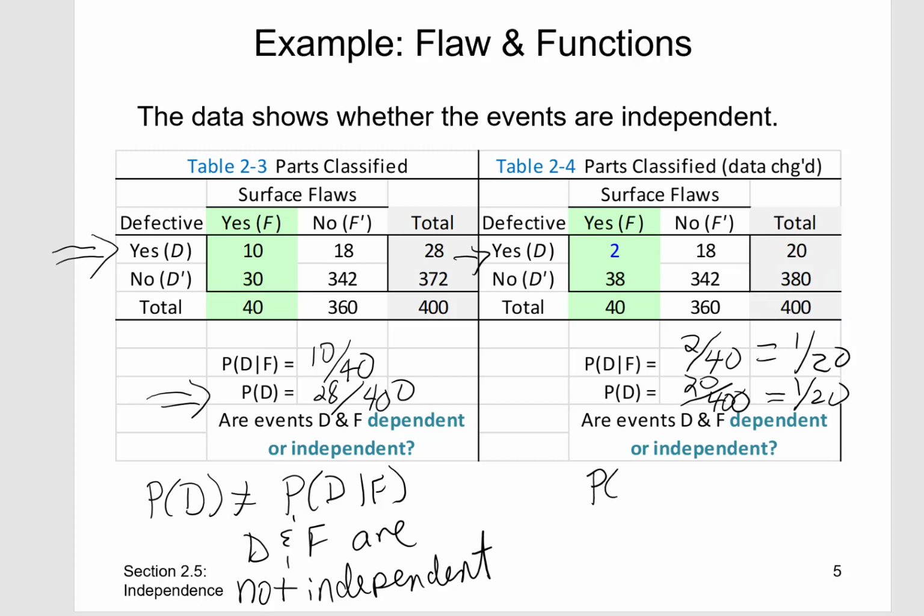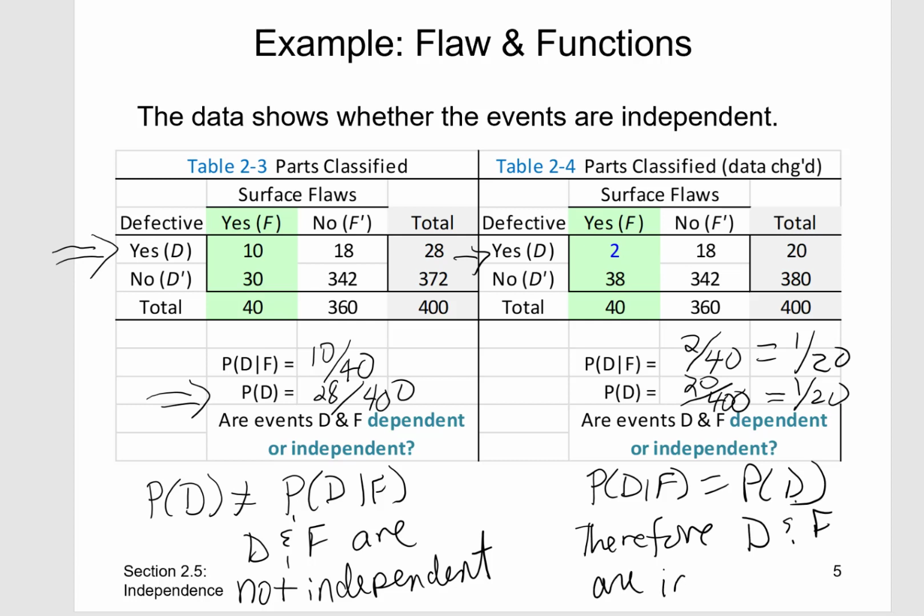We find that the probability of D given F equals the probability of D. Therefore, D and F are independent of one another. Okay? Now, D and F are not mutually exclusive, but they are independent. So just because you're independent does not mean that you're mutually exclusive.